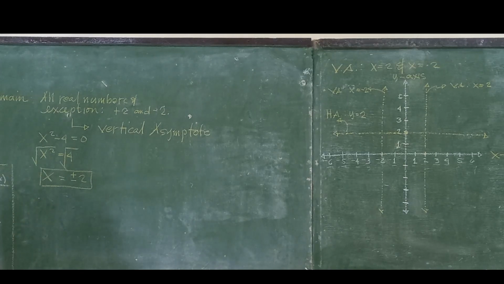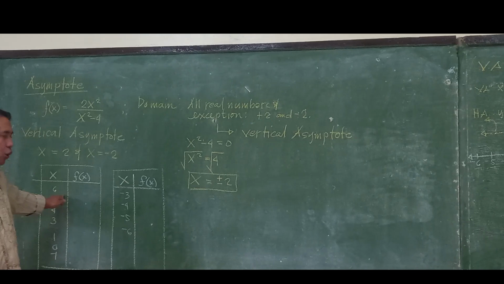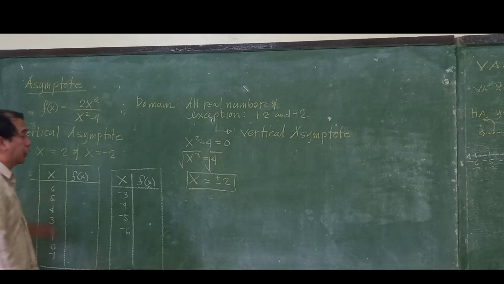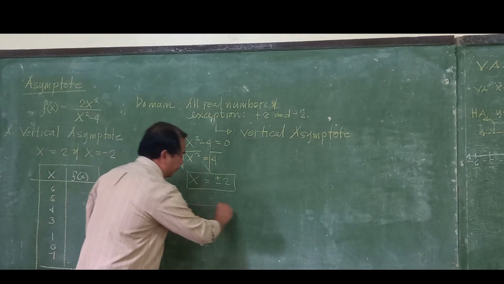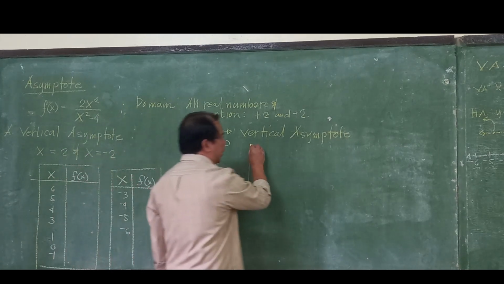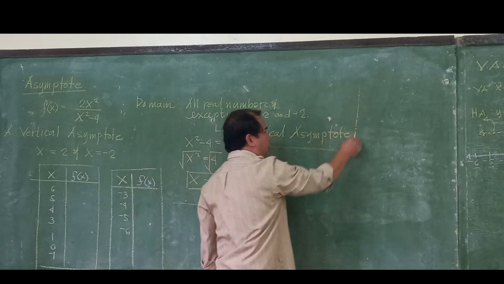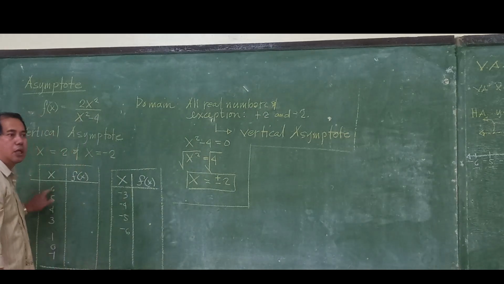In the evaluation, what is the value of our function if our x is 6? So how to do that again? Let's evaluate by computing the different values of your function. So start with 6.